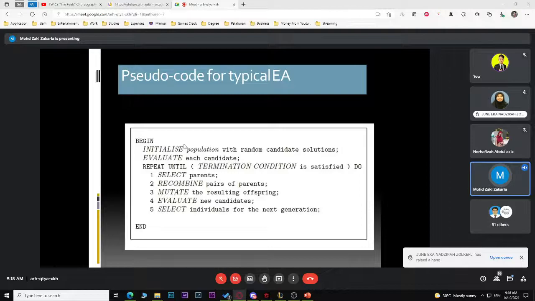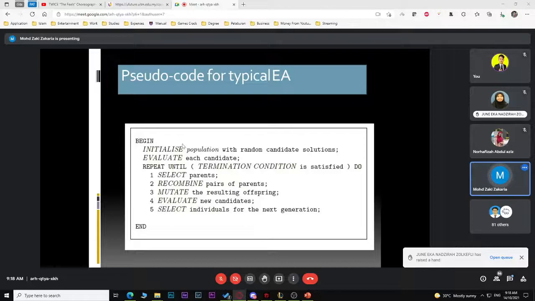For example, you set 1,000 solutions, so the population is randomly picked from the 5 million solutions. Just randomly pick up.